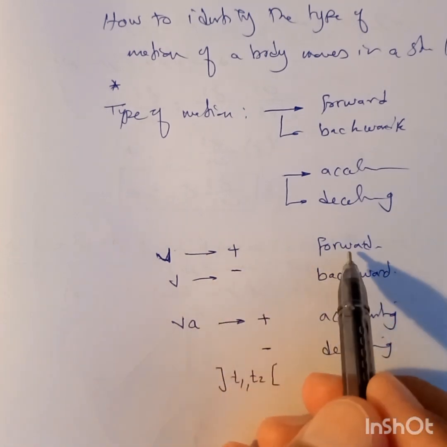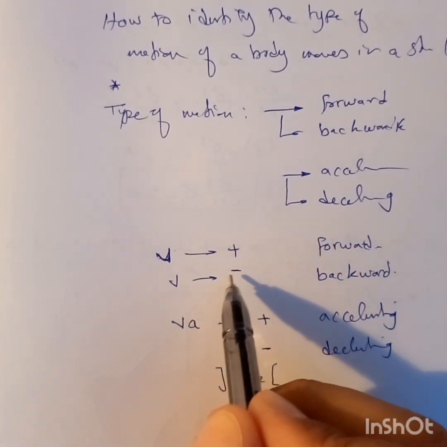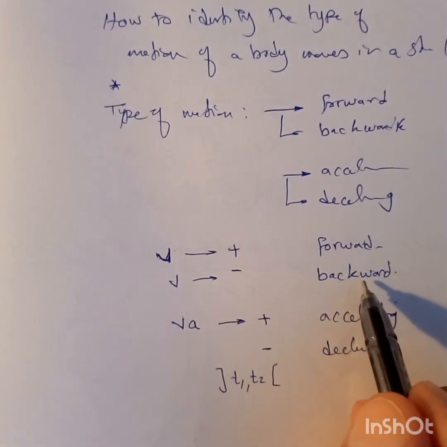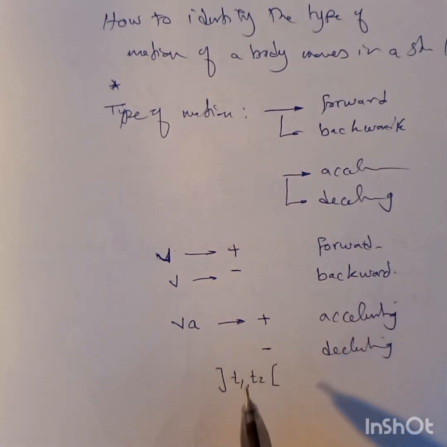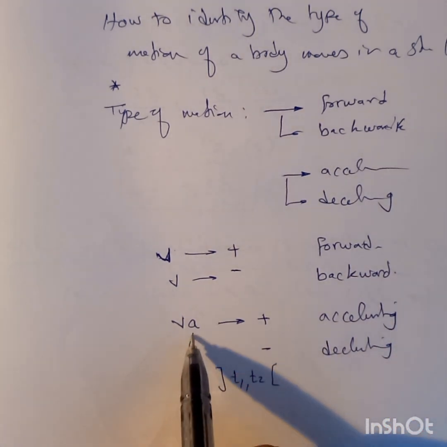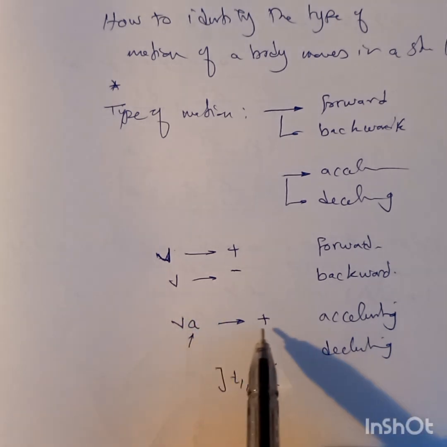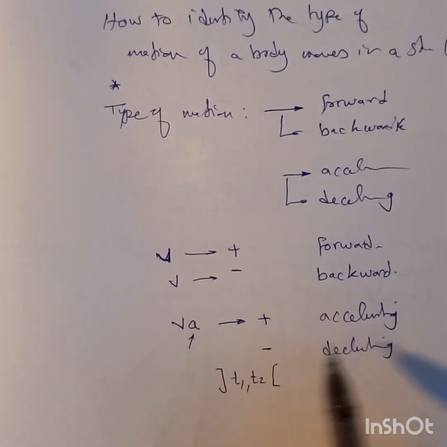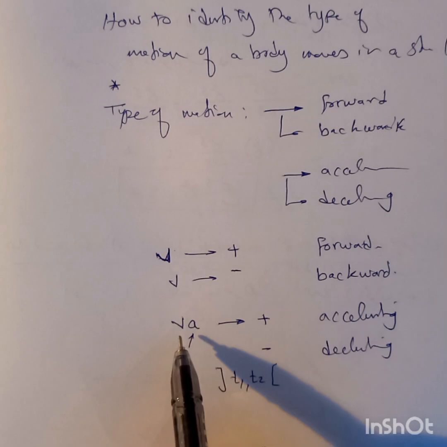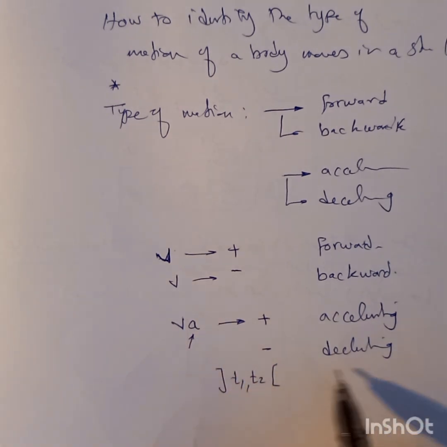If it's positive, then the motion is in forward direction. If it's negative, then the motion is in backward direction. And then you have to find the sign of acceleration as well and multiply v and a. If v times a is a positive value, then the motion is accelerating, and if it's negative, then the motion is decelerating.